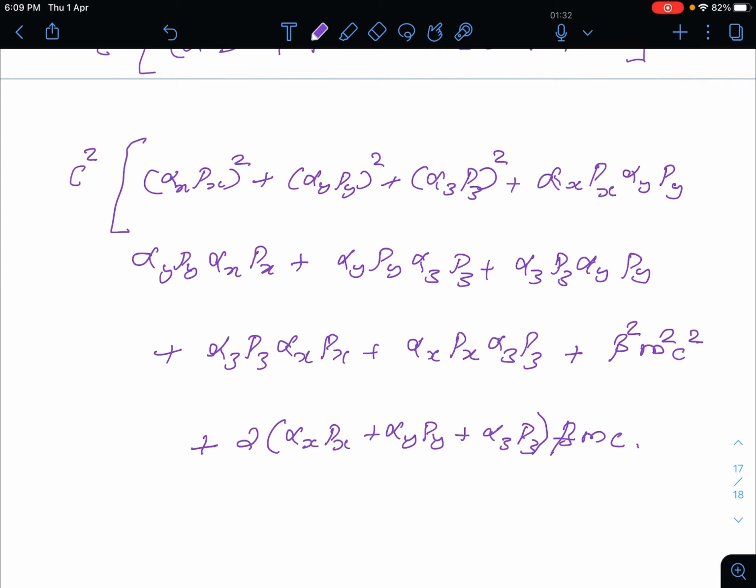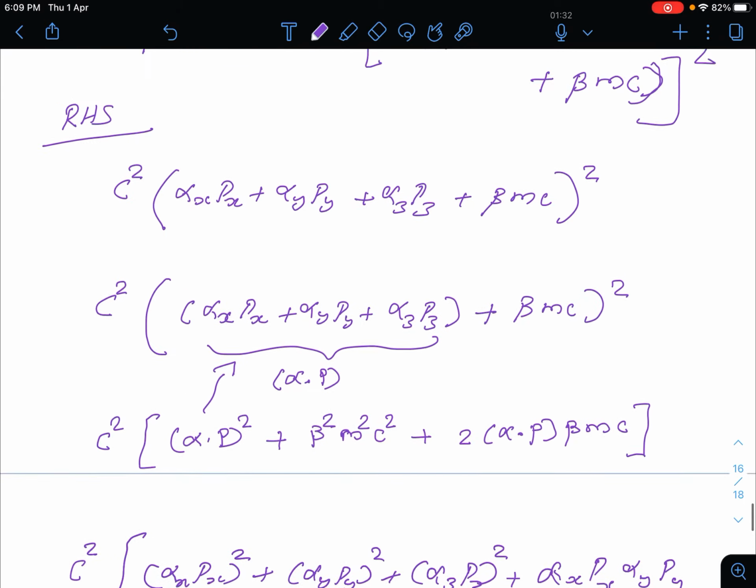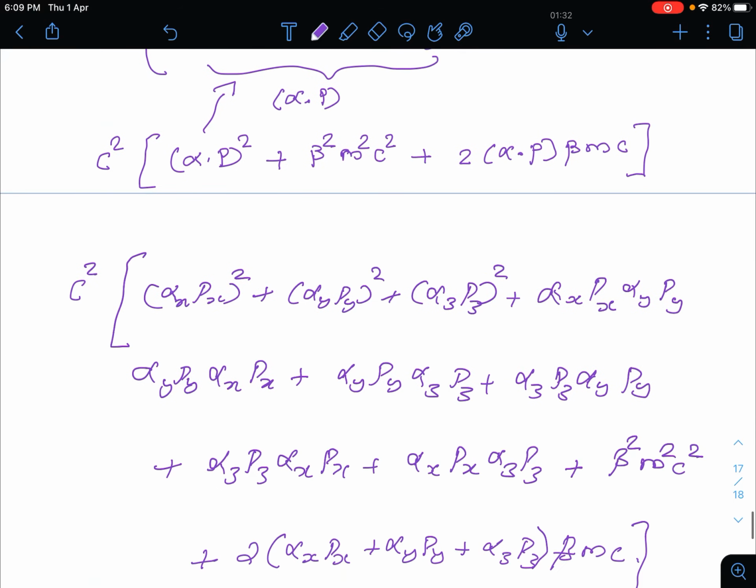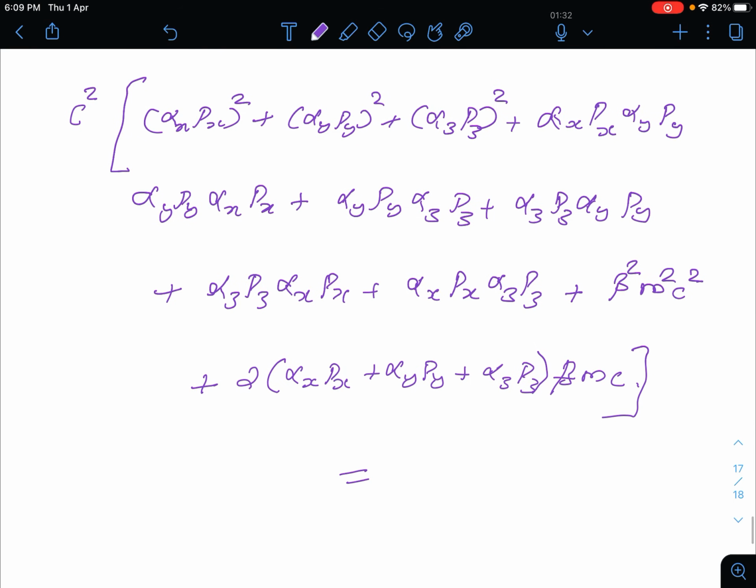So this is equal to what? On the left hand side, you have p square c square plus m square c raised to 4. Both sides have to be the same. So now you consider this: px square plus py square plus pz square. So this is multiplied by c square.